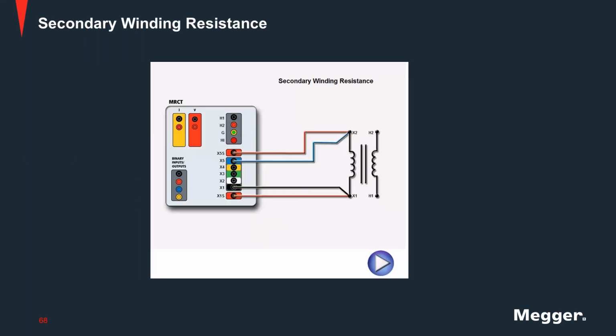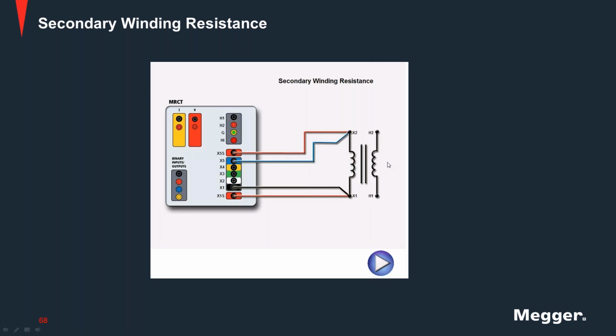And when we do the winding resistance test, again, we only do it on the secondary side. Of course, the limitation here is the capability of the test equipment to inject on the windings. So in our MRCT, we inject on the secondary side, not on the primary side, because the primary side has more turns.